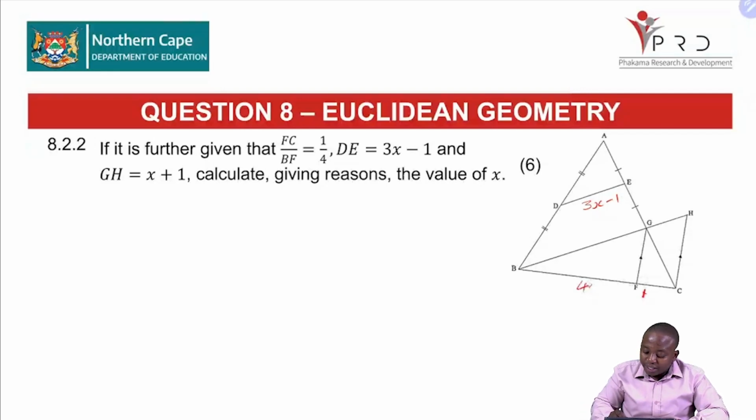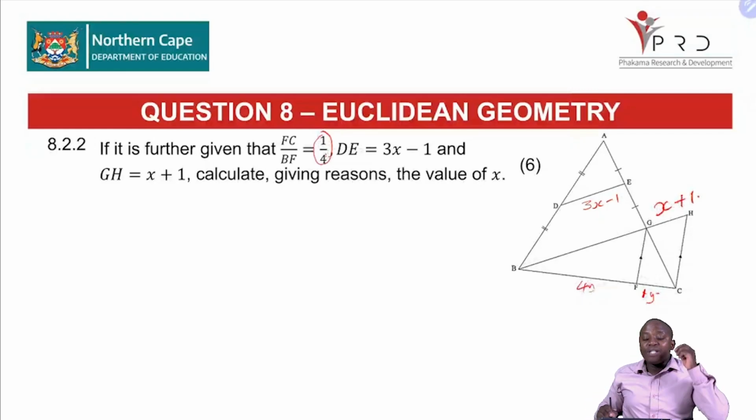We can attach a letter, maybe letter Y, so that we can represent it in terms of a length. Remember, when you plot a ratio on a diagram, it must go with a variable. And it is further given that GH is x plus 1. So GH is x plus 1. So we are saying calculate the value of x.